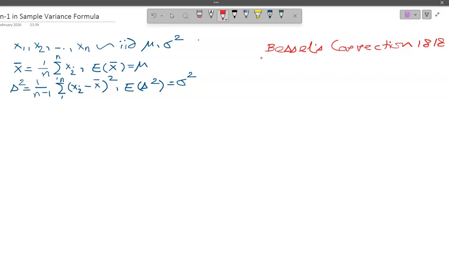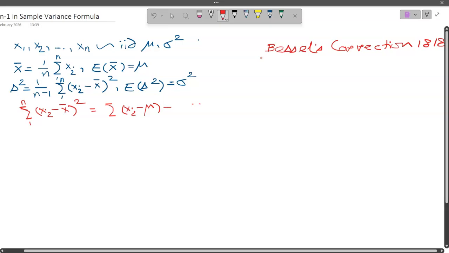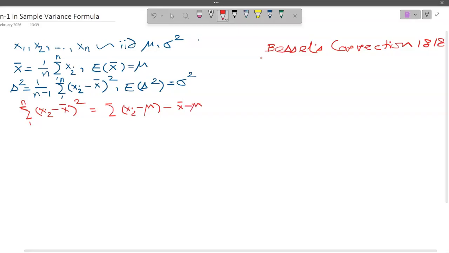We have summation Xi minus X bar whole square, 1 to n, and this we can write as summation of (Xi minus mu) minus (X bar minus mu) whole square.